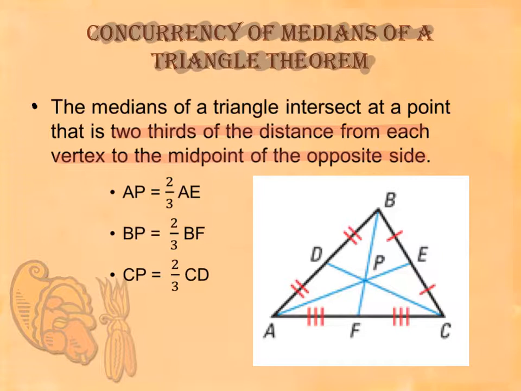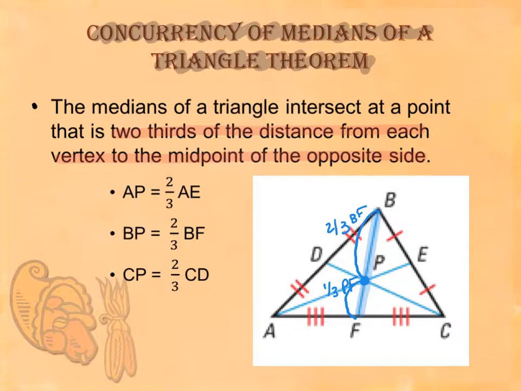What it says is that if I look at BF as my first, this is one of the medians. The length from B to P, which is from vertex to centroid, is 2/3 the length of the whole segment, which is BF, which means from P to F would be 1/3 the length of BF.